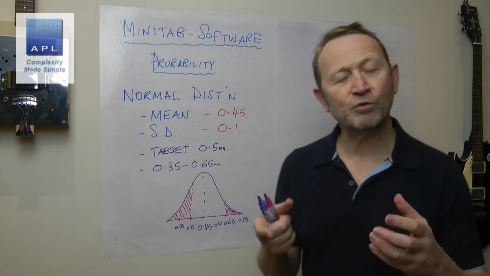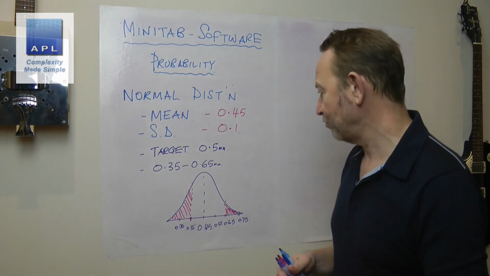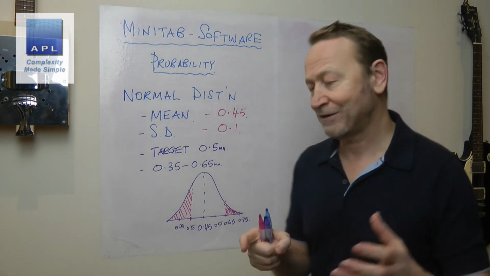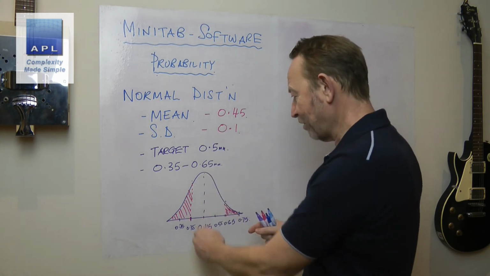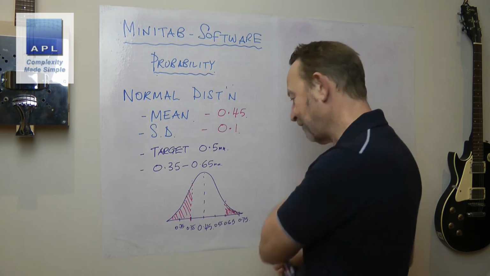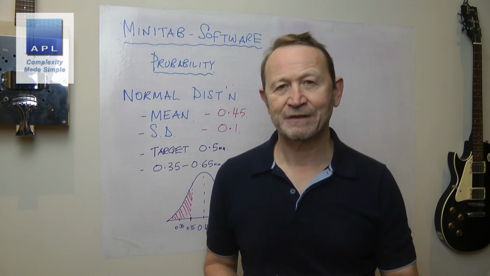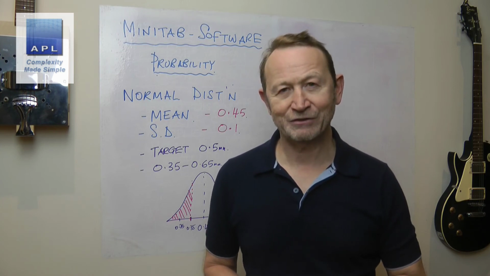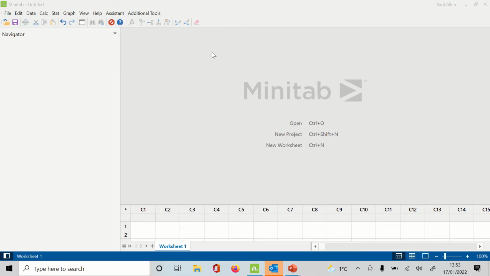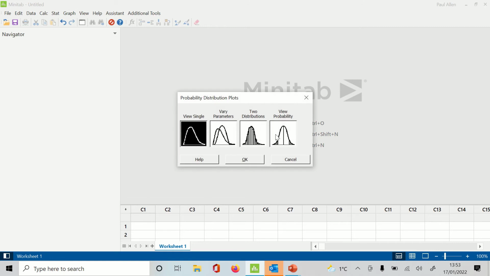Now, using the tool that we were using before, the probability distribution plot, I can't get the answer to this on one plot. So what I'm going to do is ask it for a left hand tail calculation first, and then a right hand tail calculation second. Let's go to Minitab and get the answers. Okay, we're going to go to the menu as before: probability distribution plot, view probability, click OK.